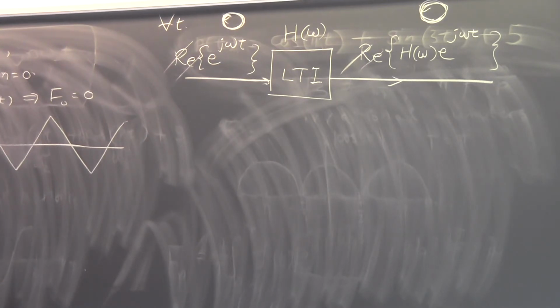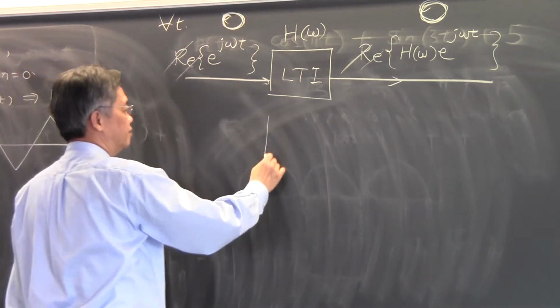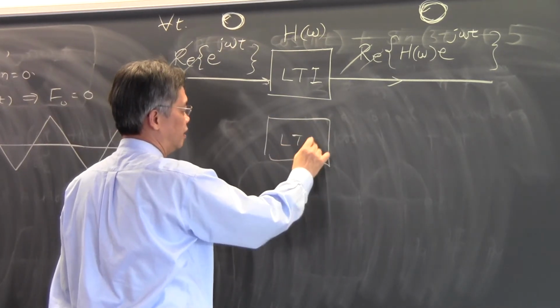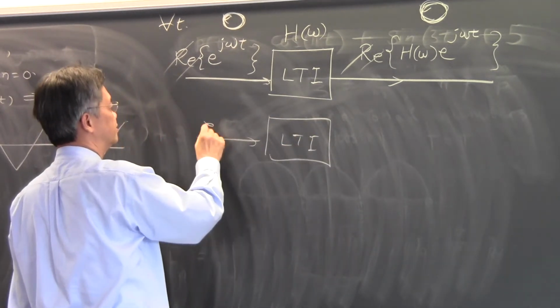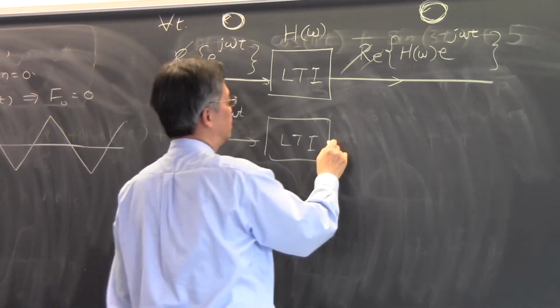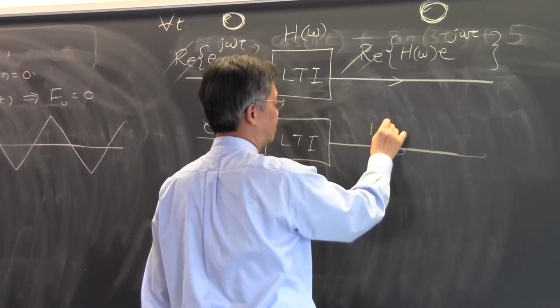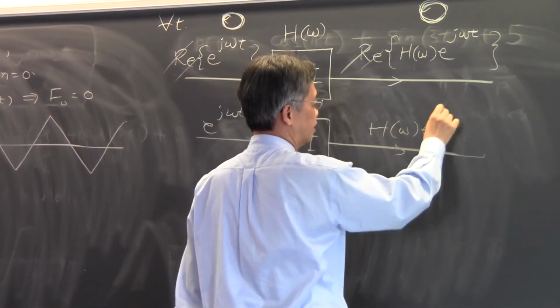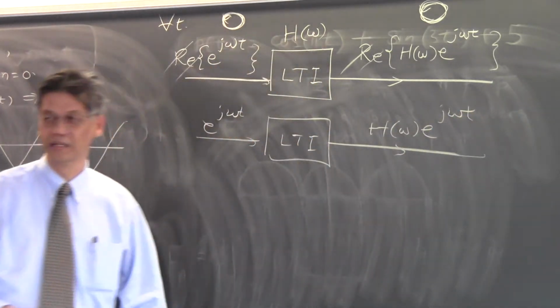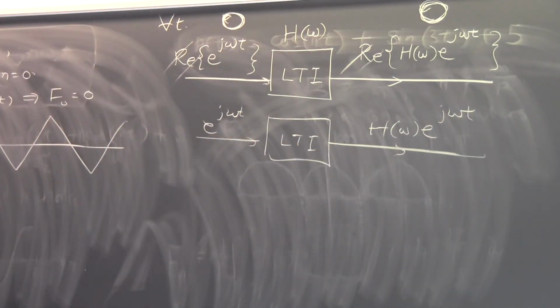So you often would just have this thing, linear time invariant system, this thing coming in, and then whatever comes out must be this thing. Don't worry about taking its real part, because that must also be true if its real part is true for all t.